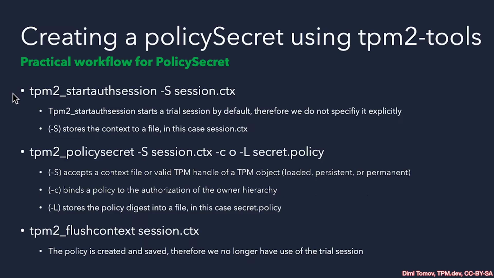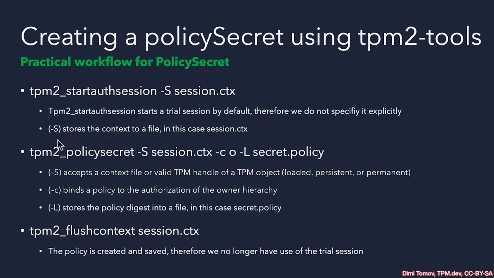Now here is the practical flow for generating a policy secret. We first have to start a TPM session of trial type. There is no type specified here in this command because the default type for TPM2 start auth session is a trial session, so we don't have to explicitly say it.